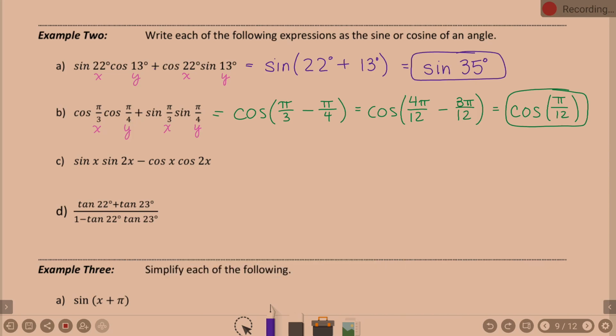Now, what's the catch here? Cosine x, cosine 2x, and then sine x, sine 2x. So if I flip the order, this is more the appropriate order, right? Cosine x, cosine 2x, sine x, sine 2x.